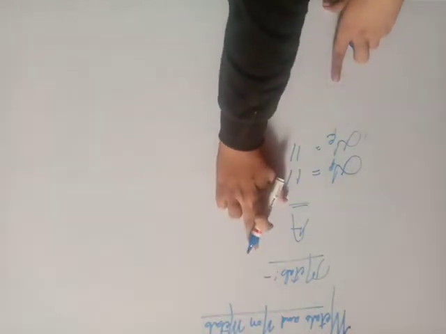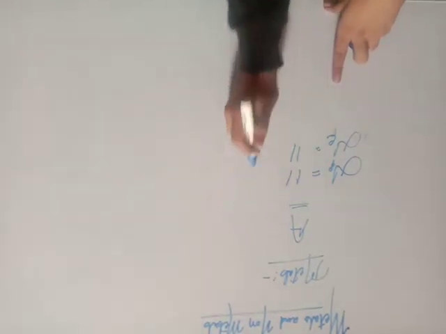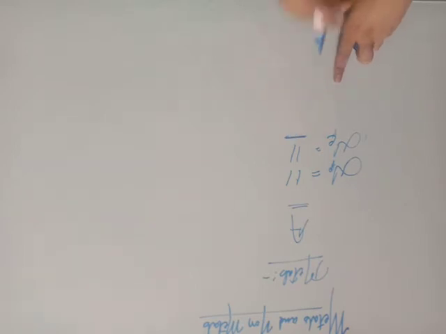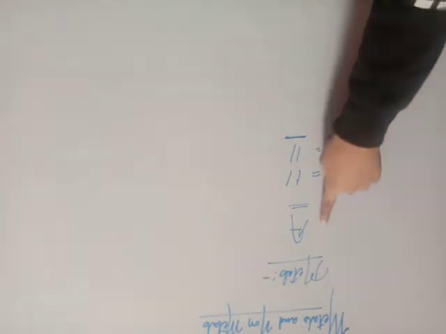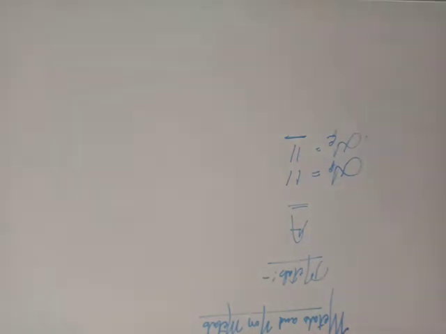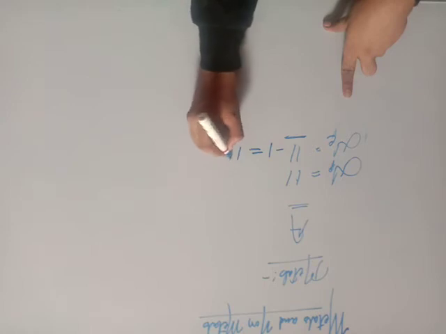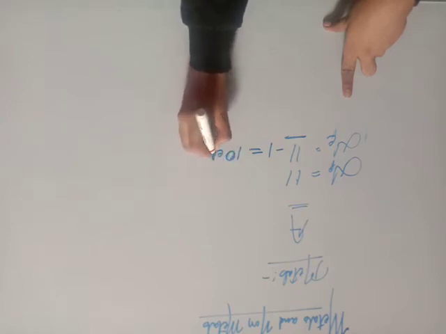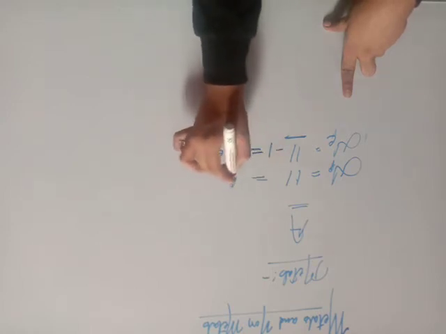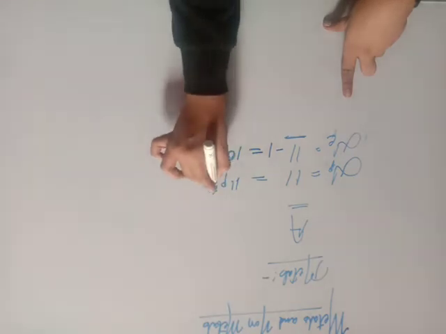What about metals now? Metals will lose electrons in order to become stable. Suppose this element A has 11 electrons, it will lose 1 electron and now it will have 10 electrons. But the number of protons is still 11.